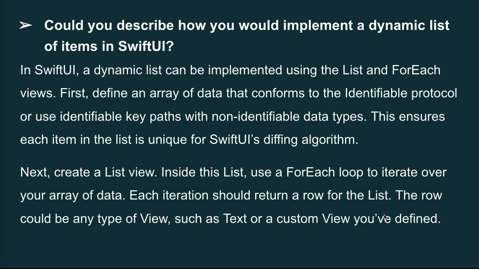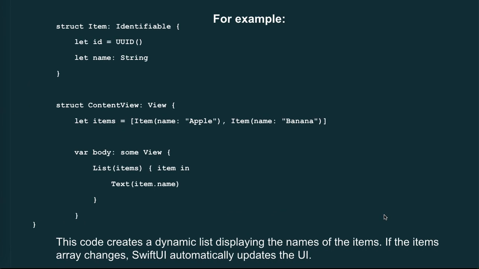This ensures each item in the list is unique for SwiftUI's diffing algorithm. Next, create a List view. Inside this list, use a ForEach loop to iterate over your array of data. Each iteration should return a row for the list. The row could be any type of view, such as Text or a custom view you have defined.